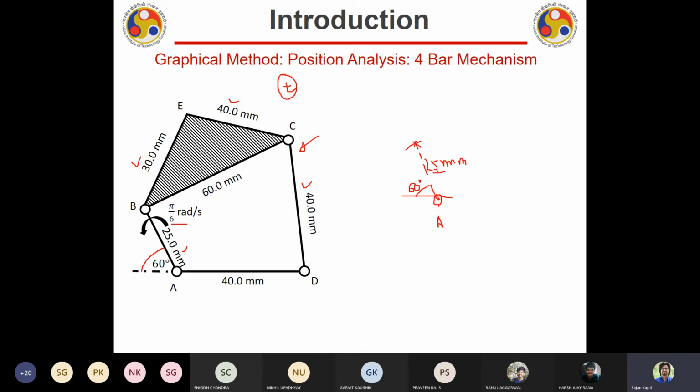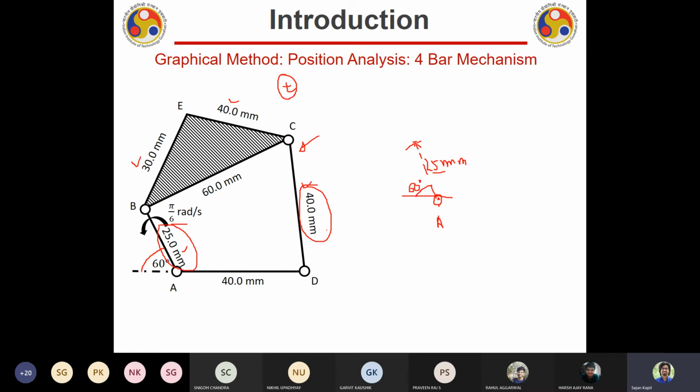What should be 25 mm in your case? So always look at the maximum dimension and the minimum dimension. Minimum is 25 in the linkage and maximum is 40. So based on that, you take the scale appropriately. So assume that I'm taking right now 1:1, or maybe I want to scale it up. I can take 1:2 as well. Fine. So I have it like 25 mm. I have got this point.